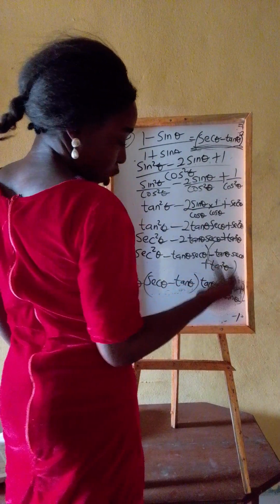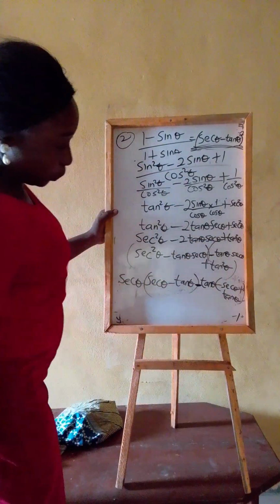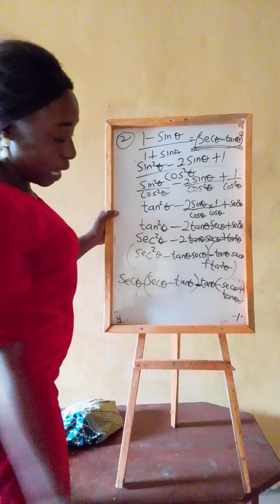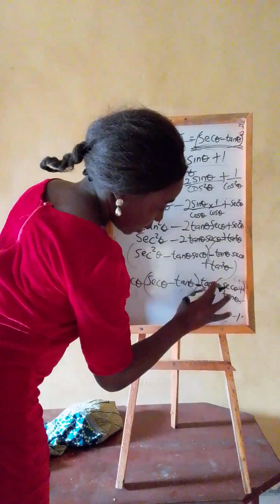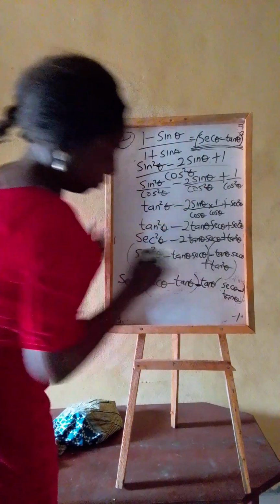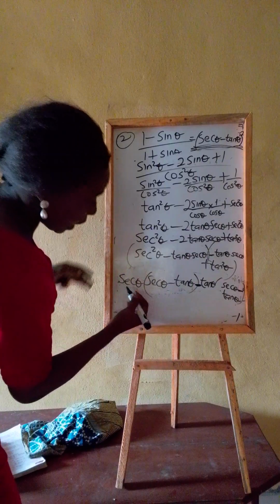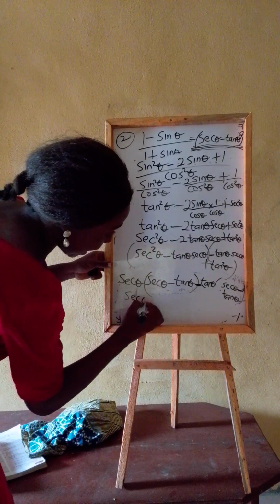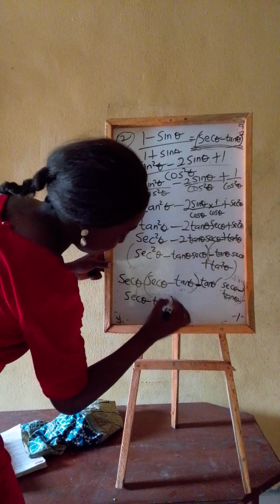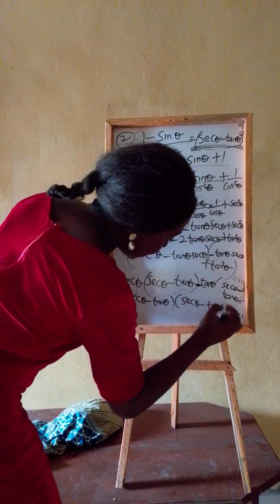Or I can bring the minus out; then this becomes positive and this changes to negative. Do you understand? So from here we have sec theta minus tan theta, sec theta minus tan theta.